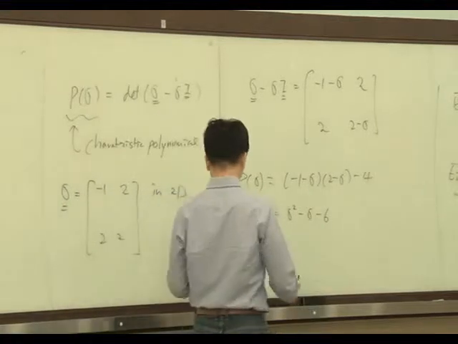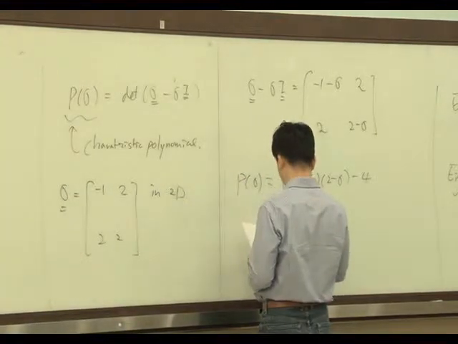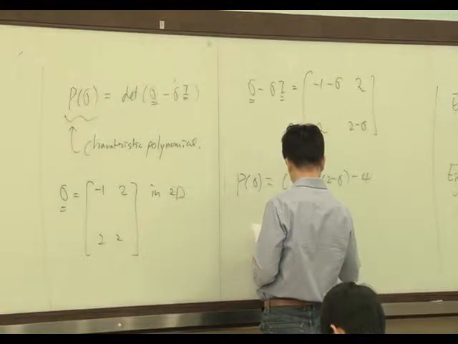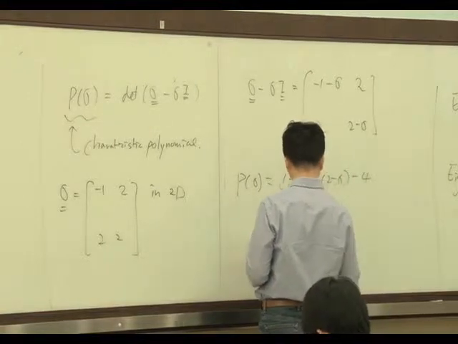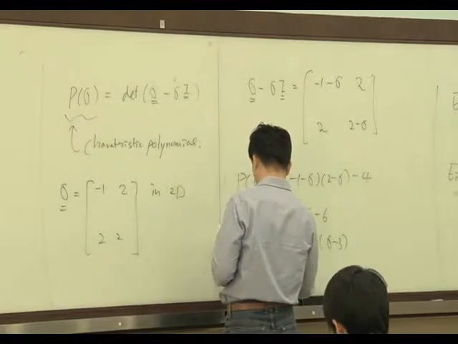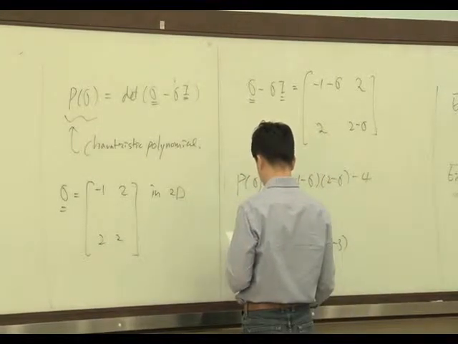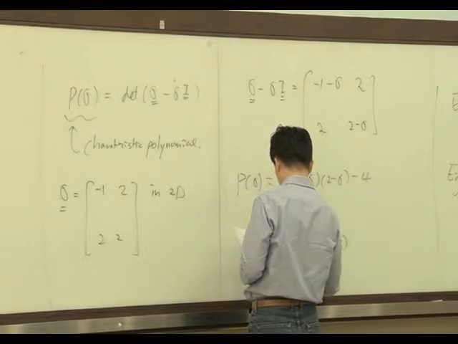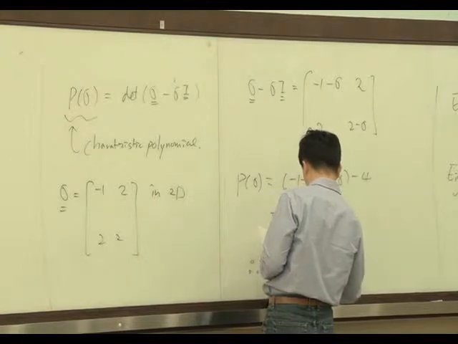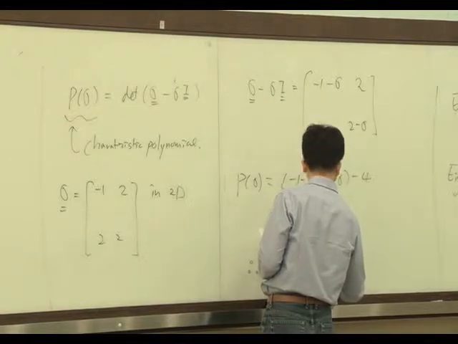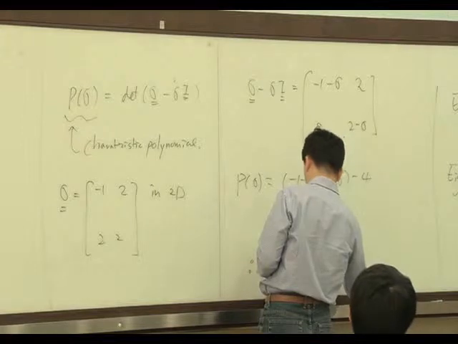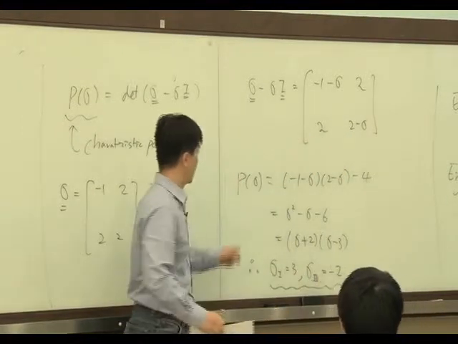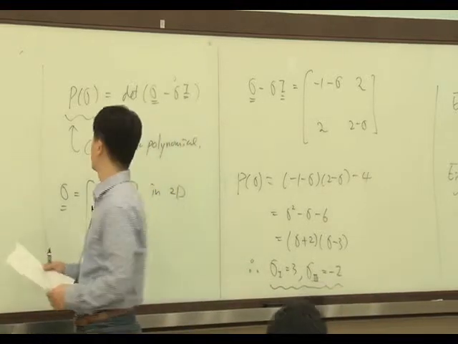Okay, so we have a solution. Eigenvalue 1 equals 3, eigenvalue 2 equals -2. These are the eigenvalues that make the characteristic polynomial become 0.